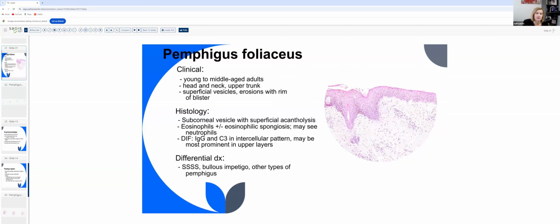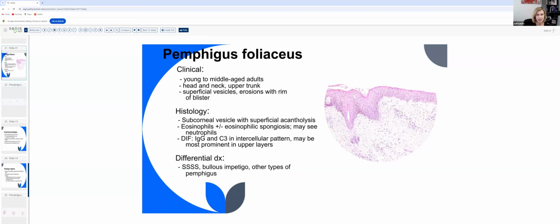Pemphigus foliaceus most often presents in young to middle-aged adults. It often involves the head and neck and upper trunk and presents as superficial vesicles or possibly just erosions showing a rim of blister. So there may be no intact vesicles. Histologically, Pemphigus foliaceus shows a subcorneal vesicle with occasional superficial acantholysis, not always.